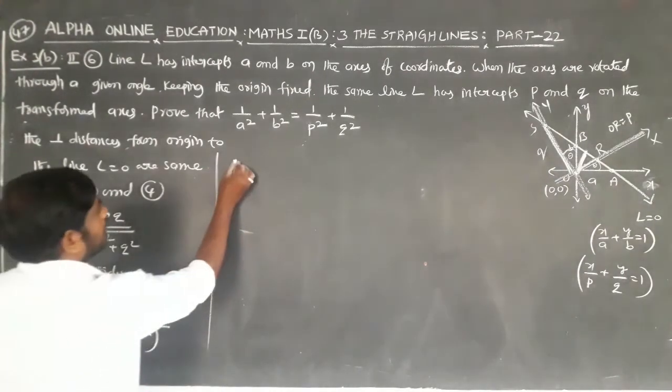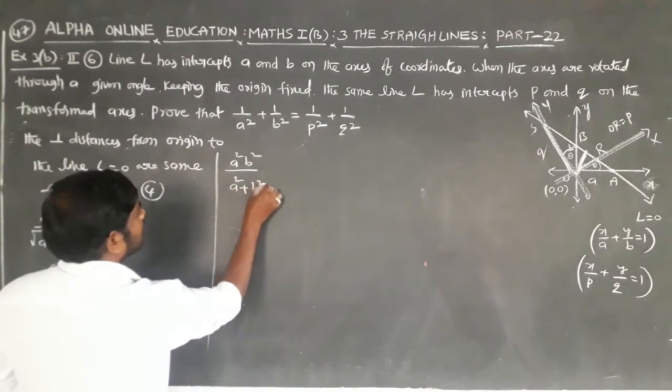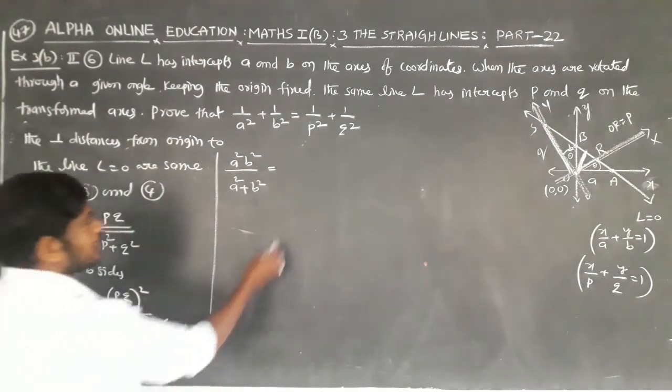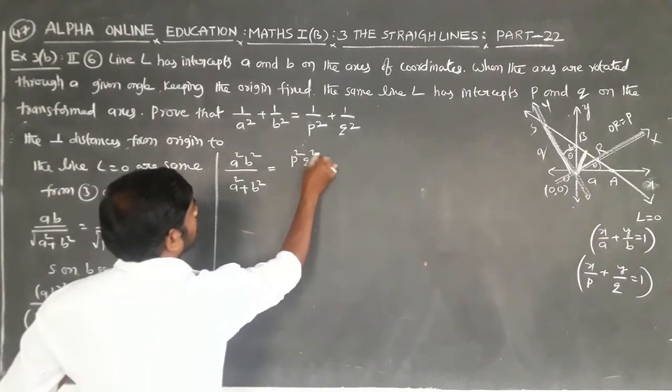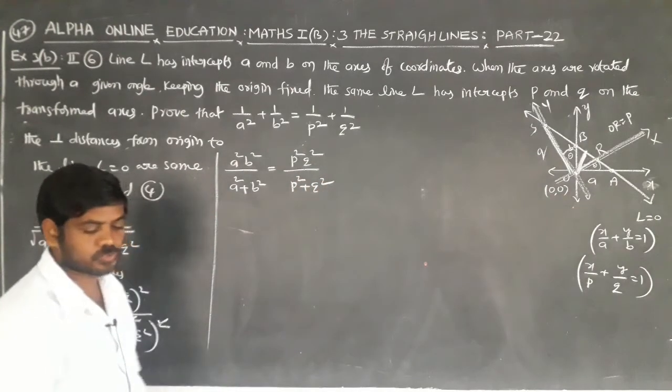AB whole square means A square B square by A square plus B square is equal to PQ whole square, which means P square Q square by P square plus Q square.